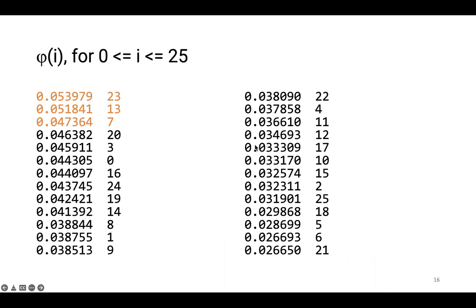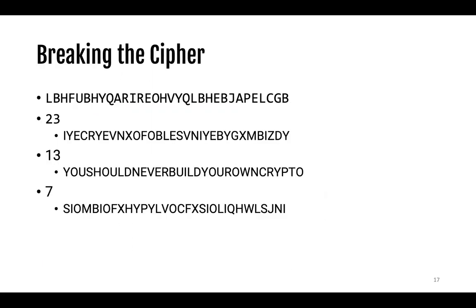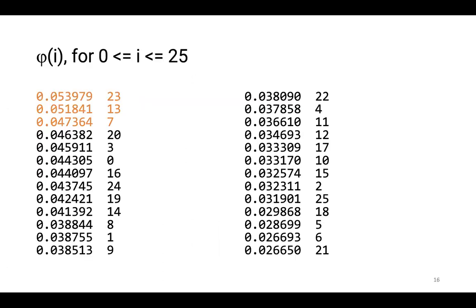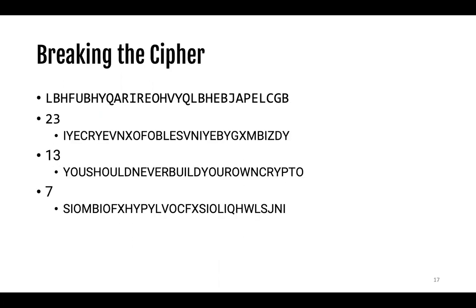After you get all those values, you want to pick the largest values, like maybe the top 3 or the top 5 candidates. In this case, we found that I equal to 23, 13, and 7 are the topmost keys that are most likely to be the actual key.